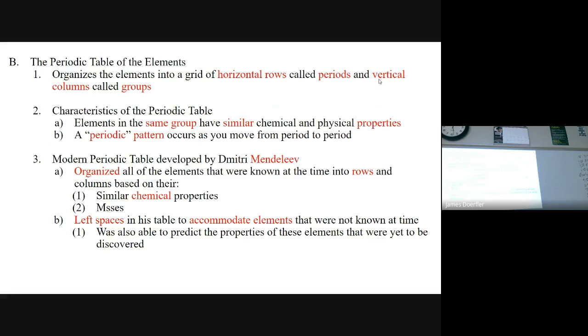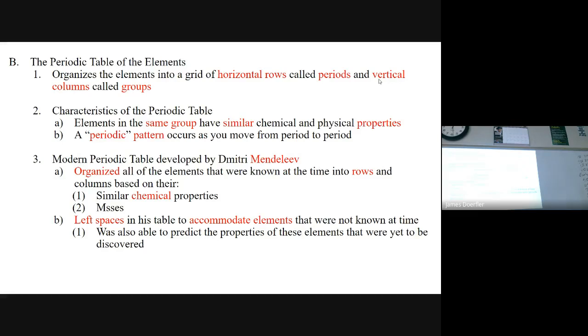But as he was developing it, he knew that there were some missing. And so he went ahead and left spaces in the table to accommodate elements that just had not yet been discovered. And so he was able to predict the properties of those elements that had yet to be discovered, simply because of where they were located on his table.